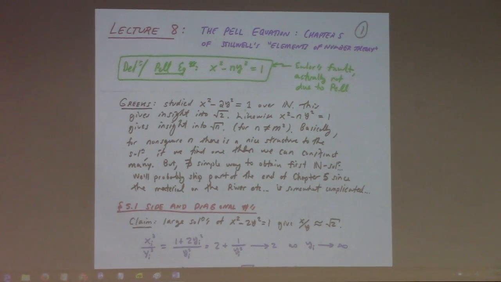If you're willing to work with such things, think about this. You can factor this as x plus y square root of n times x minus y square root of n. And in fact, you can define the norm, I mean, we've done this, of a plus b root n.